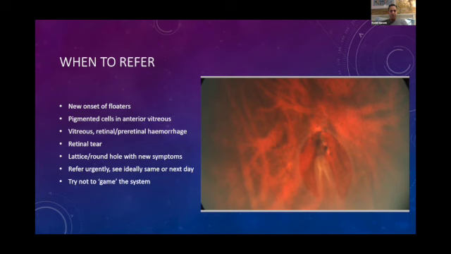You need to look carefully. And if there are cells, there are cells. So there either are or there aren't. And if there aren't, and you haven't found a tear, and you haven't found any evidence of a hemorrhage or anything like that, then you don't need to see the patient again.